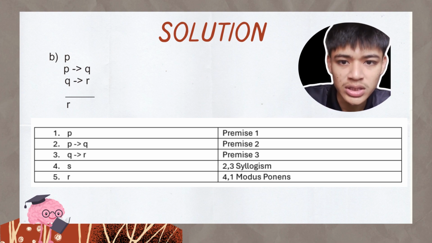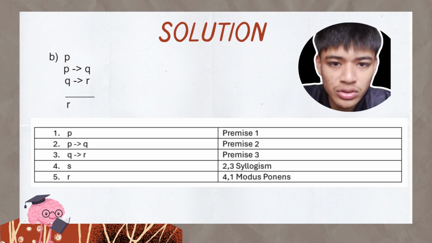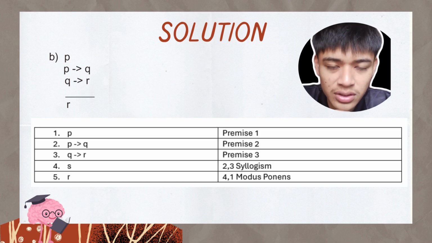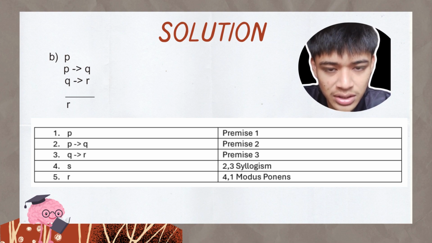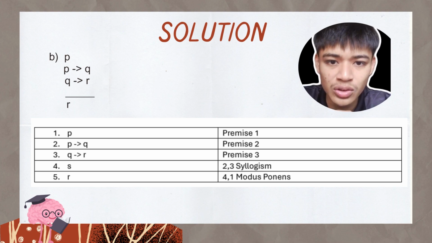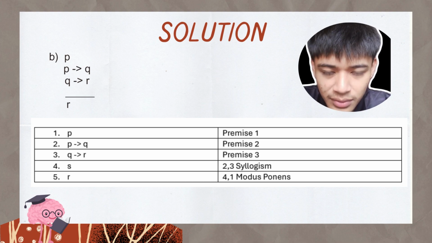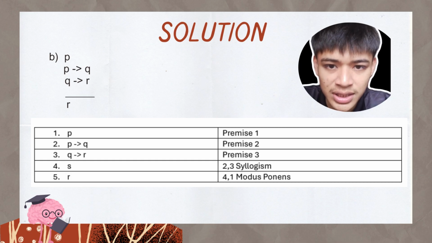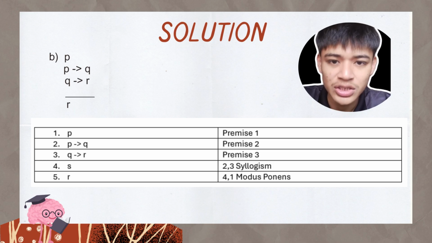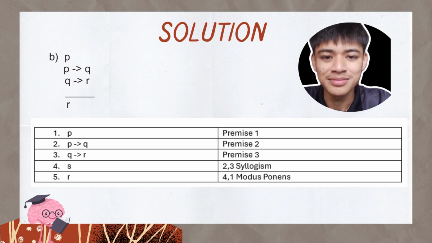For the second question, I use 2 and 3 with the method syllogism, and the result shown is P implication R. And for the last step, I use 4 and 1 for modus ponens, and the result shown is R. Thank you.